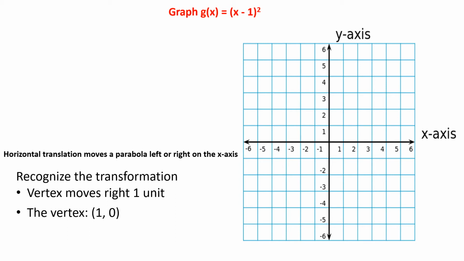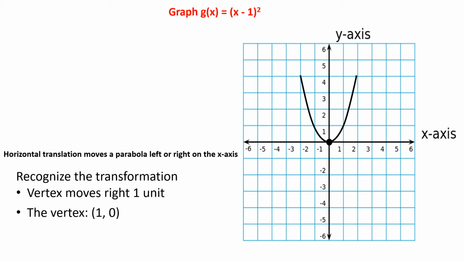If you look at the bottom table on your rule sheet and find where it says g of x, quantity x minus c, it says the parent function translates c units right. So let's look at where our parent function is. Here's our parent function, and it tells us it's going to move c units right.